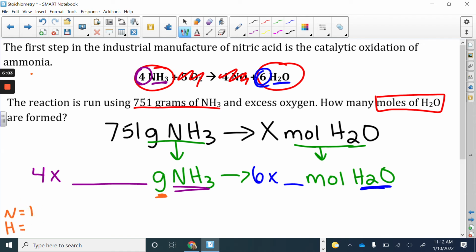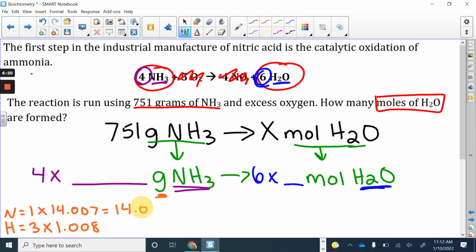We have 1 nitrogen and 3 hydrogens, and we're going to multiply by the mass off the periodic table. Nitrogen's mass is 14.007. Hydrogen's is 1.008.